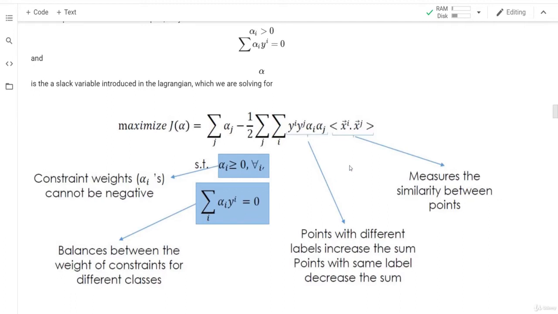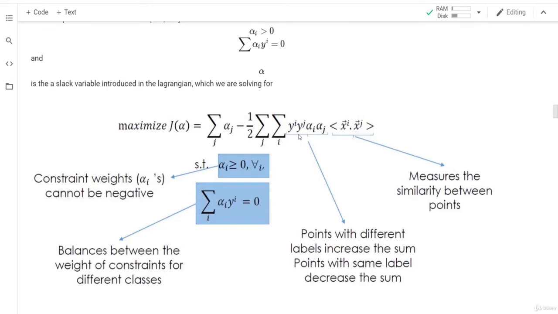Okay, so here we are saying yi and yj. So what is yi and what is yj? As you can see here, points with different labels increase the sum, while points with the same label decrease the sum, because here we have a negative.